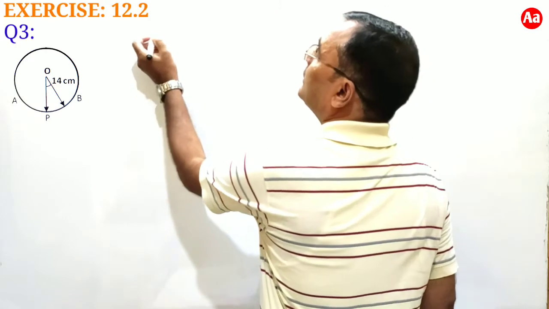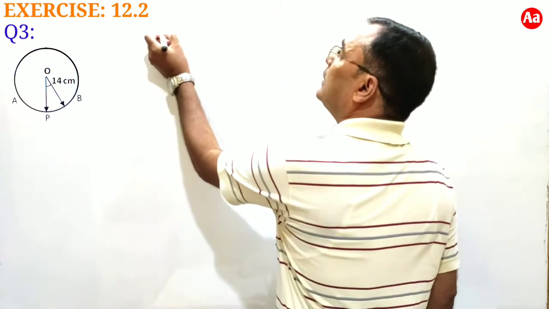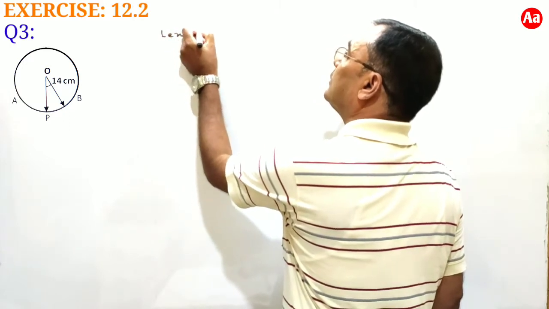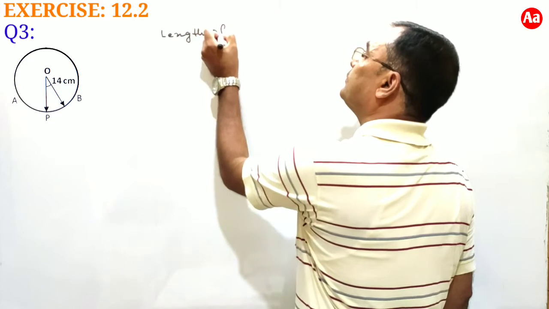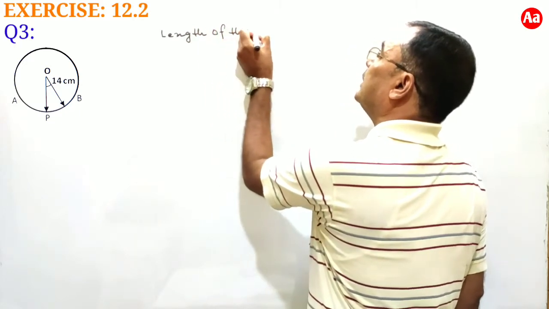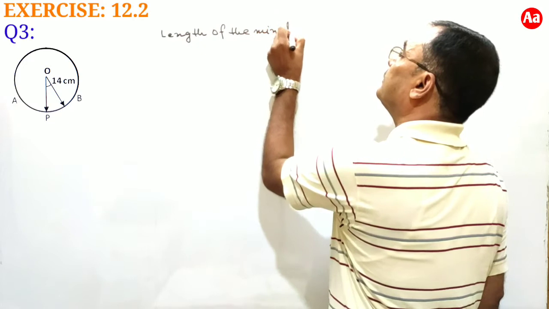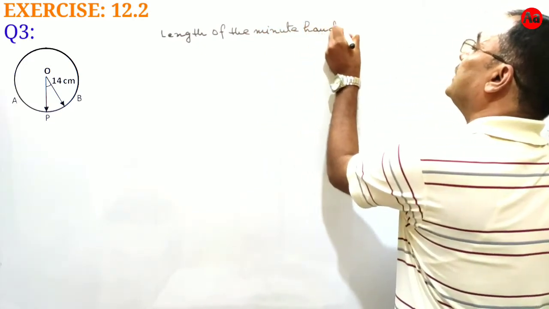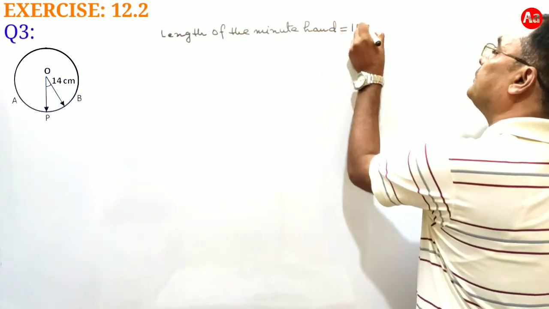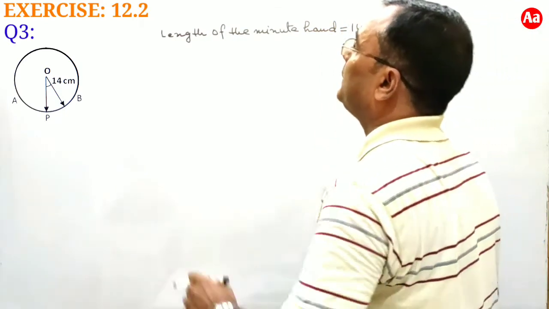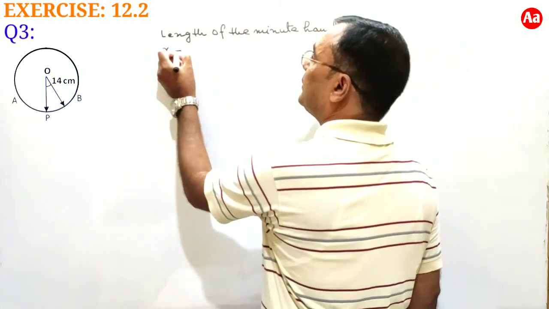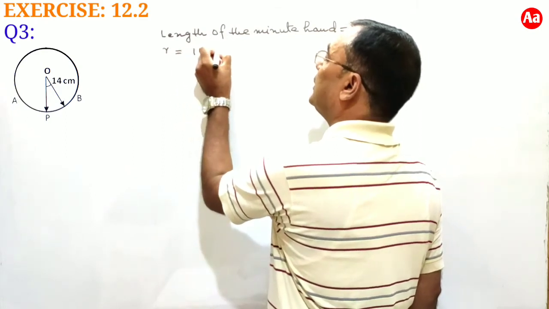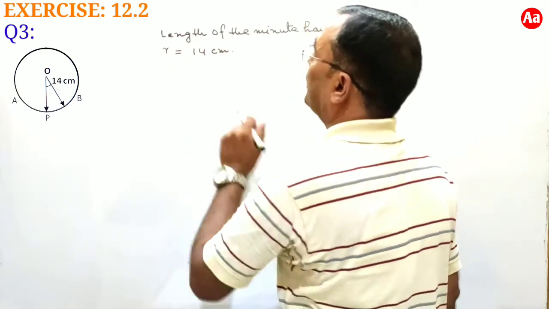So the length of the minute hand is given as 14 centimeter, which will be the radius of the circular dial of the clock. 14 centimeter we can use for radius.